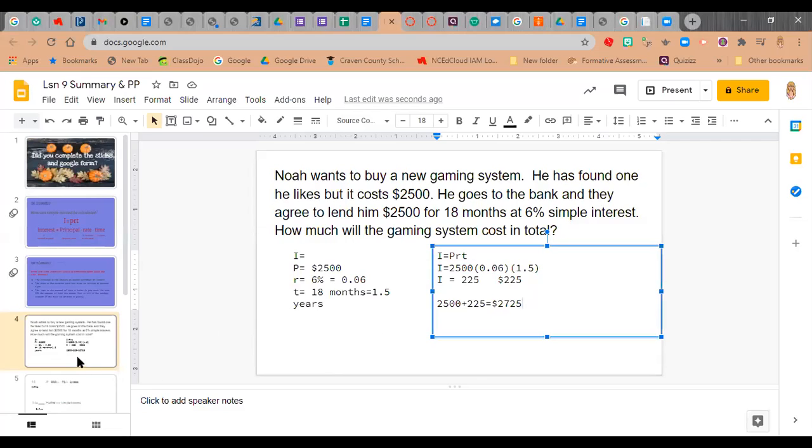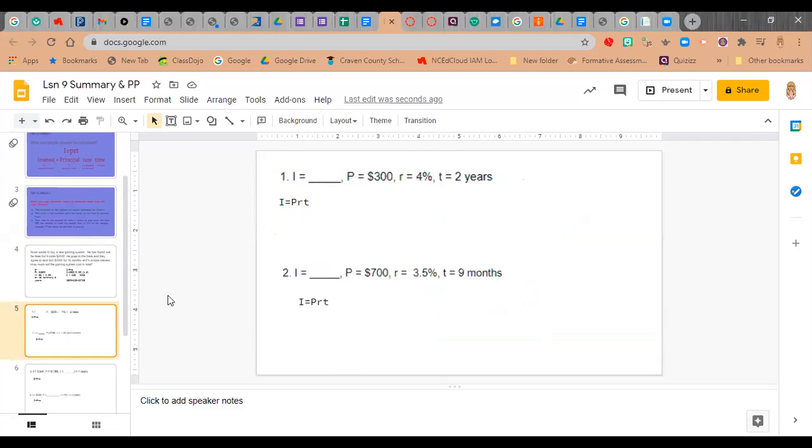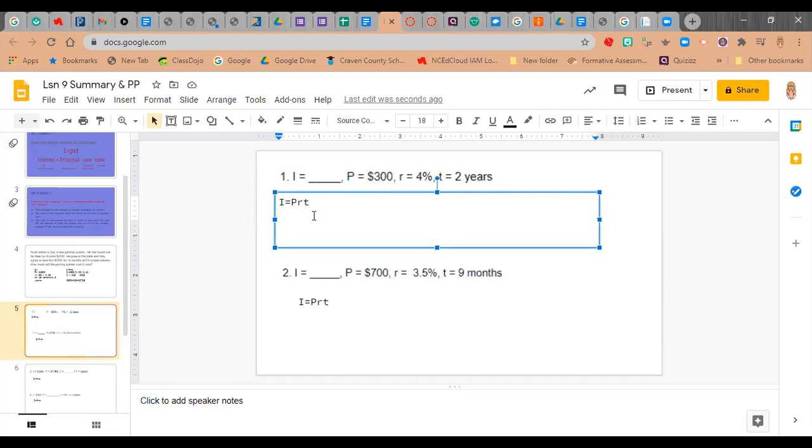All right, let's start the practice problems then. So in the first practice problem, they give us the table. It's not a word problem, it's just basically information. So we can jump straight into the equation. I equals PRT. I don't know I, so I'm going to keep the I. Equals, I know the principal is $300.